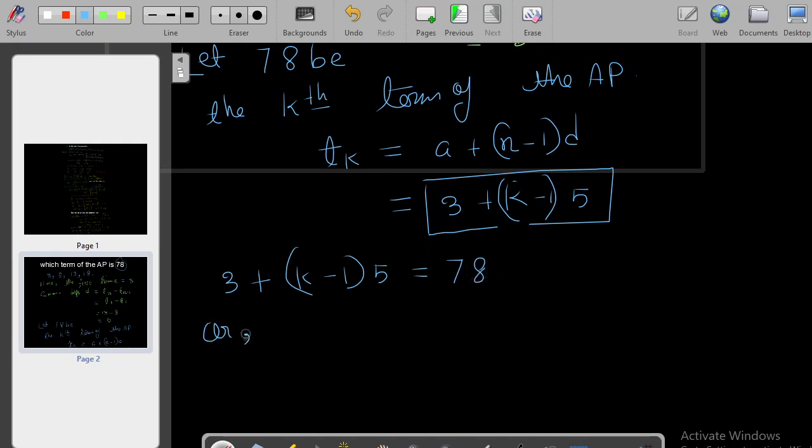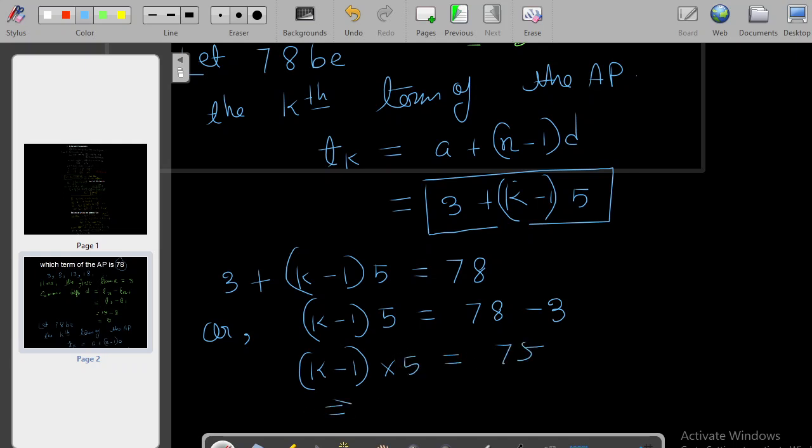So we have to find it from here. (k minus 1) into 5 equals 78 minus 3, which is 75. So k minus 1 equals 75 by 5, that is 15. This gives k equals 15 plus 1 equals 16.